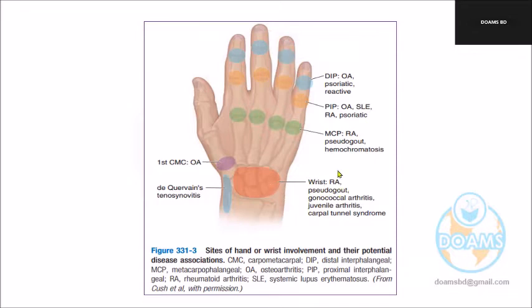The flexor retinaculum is outside the joint, so there is only flexural area point tenderness. You will get tenderness in the flexor part of the wrist, but not in the extensor part. But if it is wrist joint involvement, for example in rheumatoid arthritis, you will get tenderness throughout the circle of the joint surface.